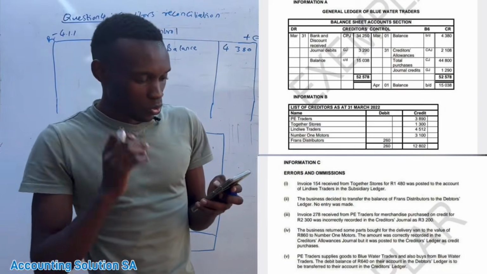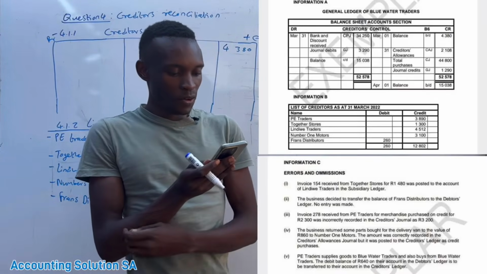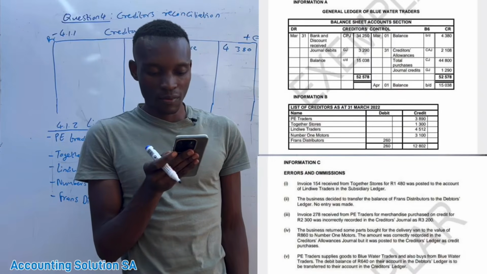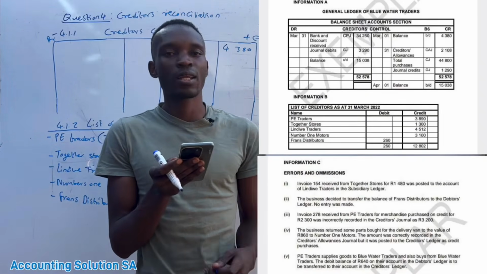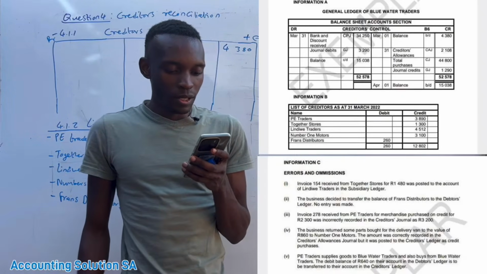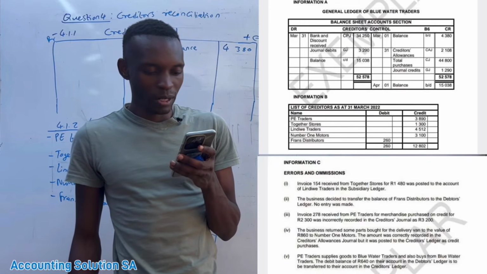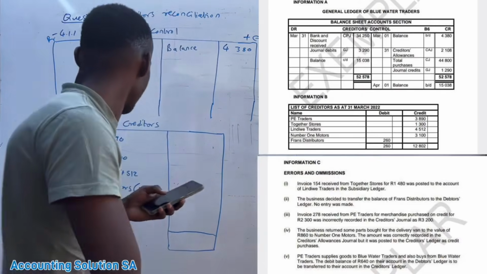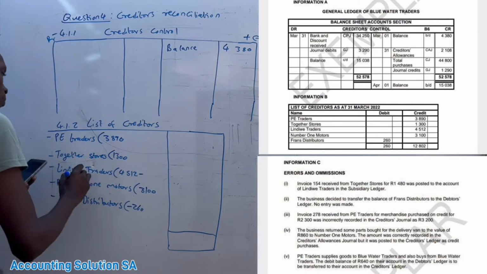Okay, now let's go to the additional information and read. Invoice 154 received from Together Store for 1,480 was posted to the account of Lindy Trader in the subsidiary ledger. So in other words, they say that this invoice 154 belonged to Together Store, but it was posted to the account of Lindy, which means that we have to go to Lindy and subtract it and add it to who?